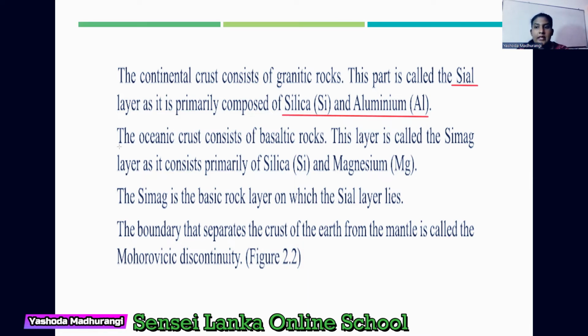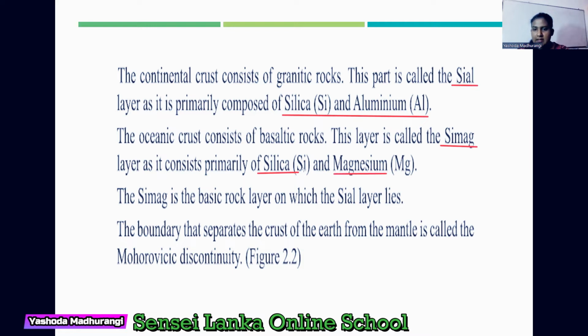Then the same thing is there in the oceanic crust. But it is different because it consists of basaltic rocks. What is the name of that layer? SIMA layer. Earlier one, SIAL layer, now the SIMA layer. Look at the composition. Silica and magnesium.